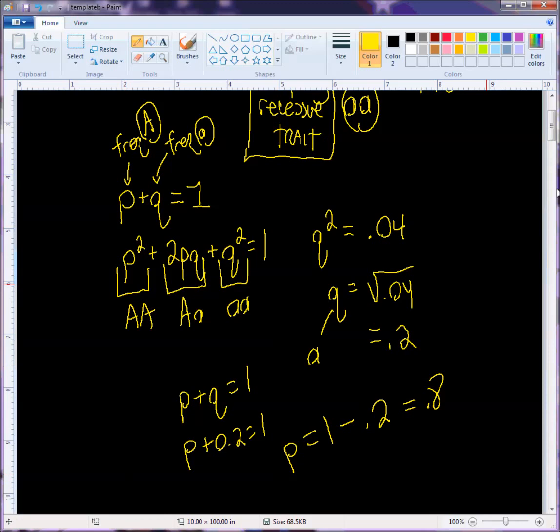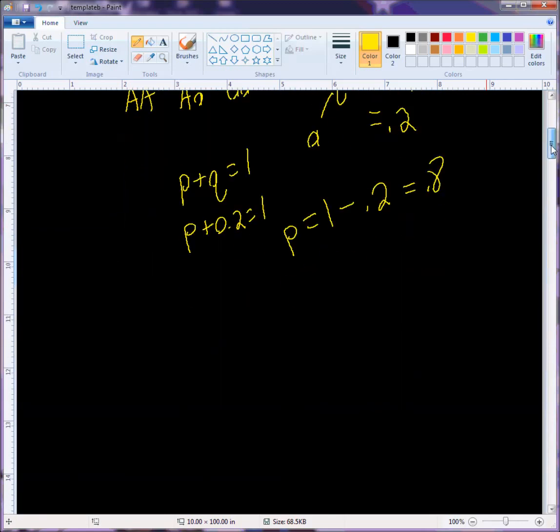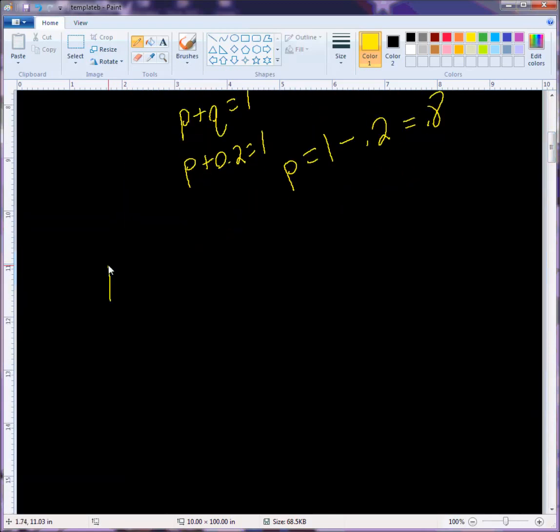Okay, so now we have the frequencies of the P allele and the Q allele, or A and little a, in the population. So it's going to be 0.8 and 0.2. Now we can figure out the genotype frequencies of all these.